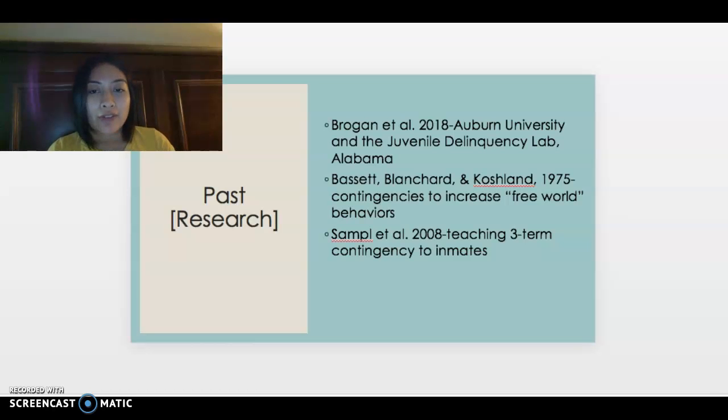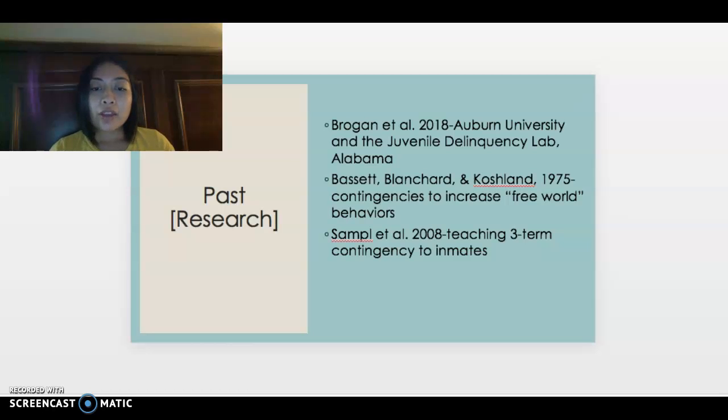So in 1975, Bassett, Blankert, and Koechlin created contingencies to increase free world behaviors. So these free world behaviors involve activities that regular citizens do outside of incarceration, like watching the news and participating in community events.